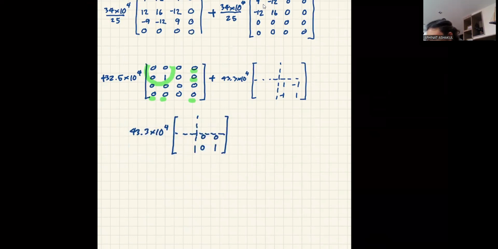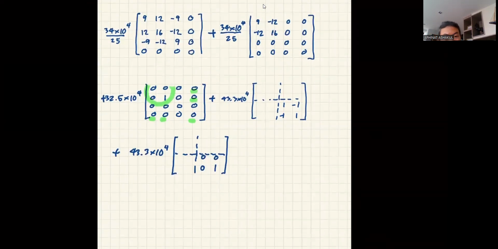Okay. Now, the reason I'm doing this is I just want you to feel that if you arrange all the numbers in the matrix into this kind of form, you can, as I said earlier, put this in your calculator. You can use the memory of the calculator in the matrix and say, okay, this is matrix A, this is matrix B, this is matrix C, D, and E. And then you can use simple arithmetic to add them up.